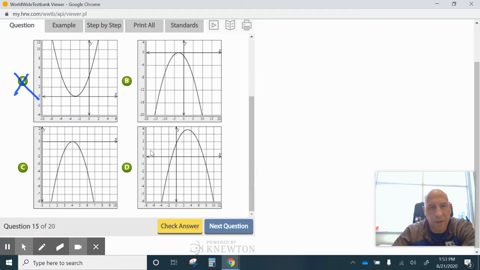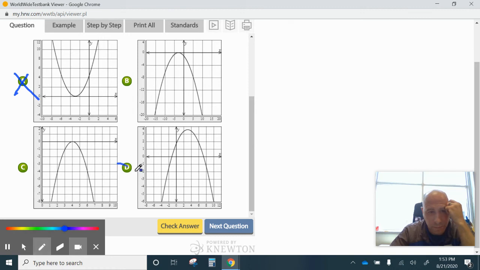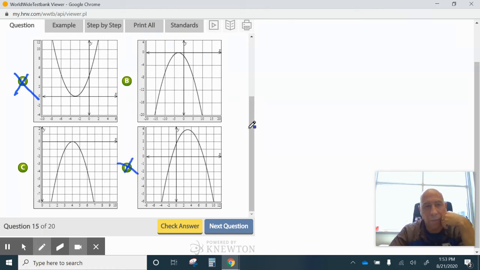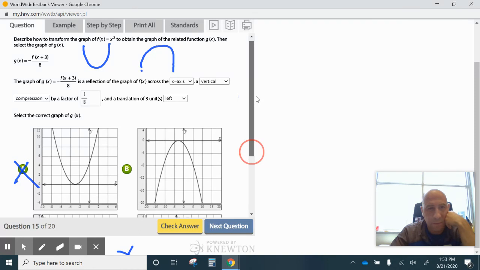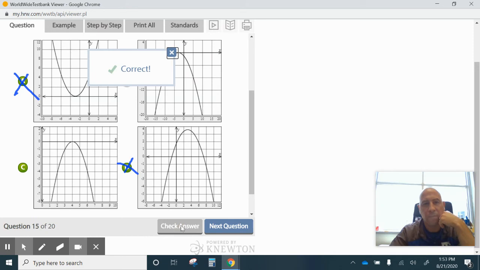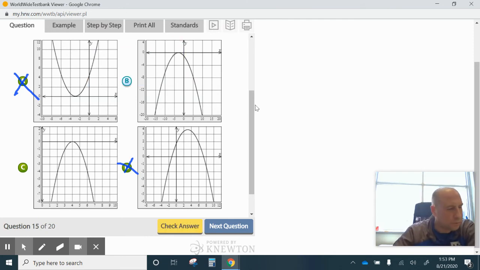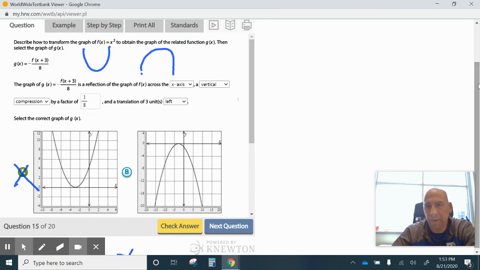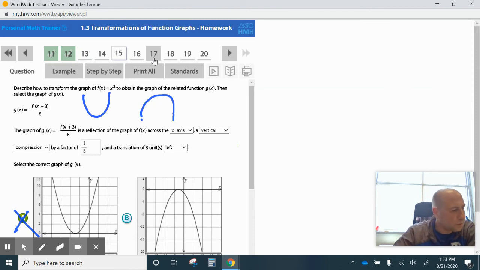It also cannot be the graph that went up, so it's not D. And then this one went to the right, 4 it looks like, but the question says that it went left 3, so the answer would be B. Okay? All right, so that's question number 15. Let's go to 16.